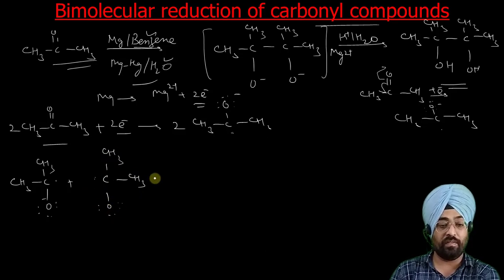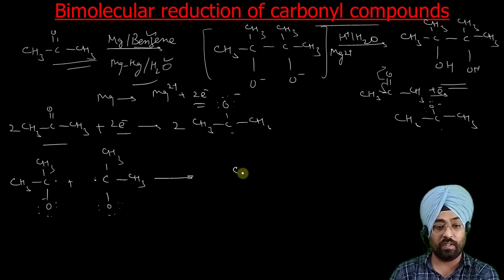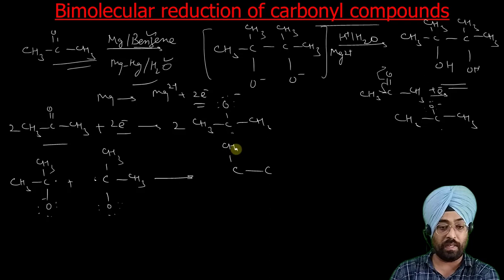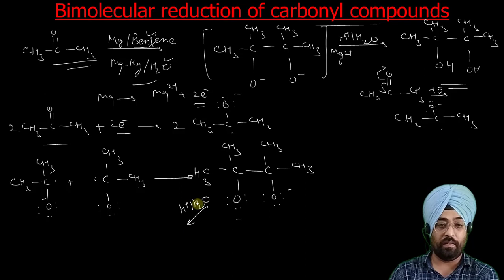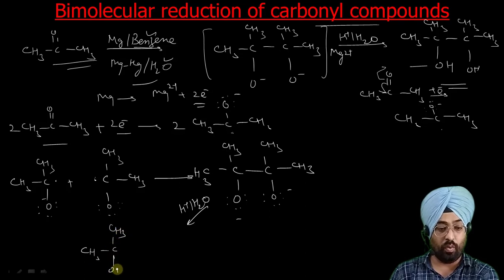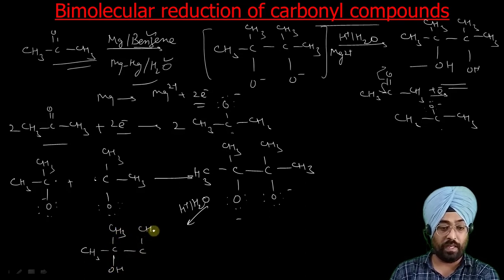So these two radicals combine with one another and a carbon-carbon bond formation takes place, giving the species with O negative on both carbons. Now upon hydrolysis with H positive and water, we get this diol, CH3C(CH3)OH. This is also called pinacol.